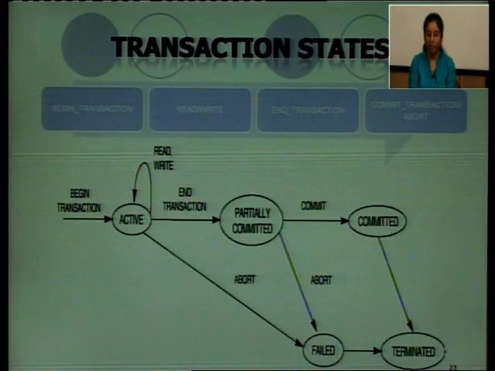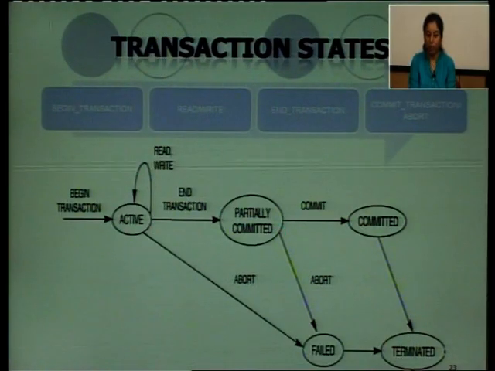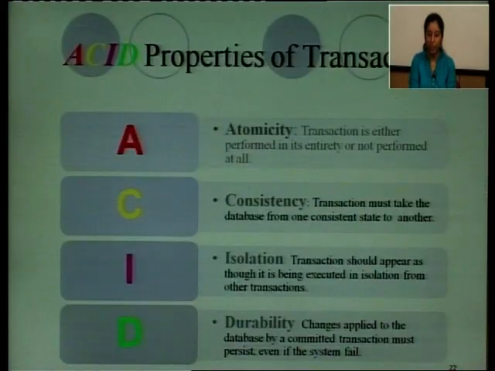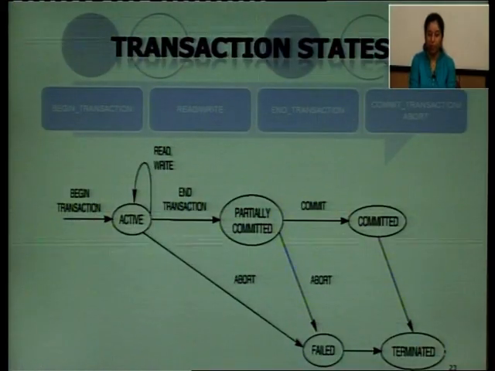Basically, these states represent how transaction processing works. This is a sample transaction T1. It is based on these types of states, showing which transaction occurs in which state. The first is begin transaction, then read and write operations, which we already discussed, then end transaction, then commit, rollback or abort transaction.